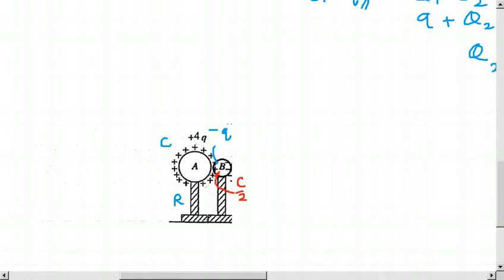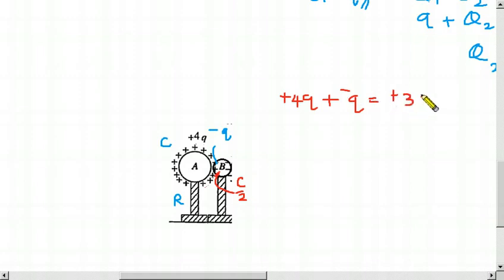What happened initially, at the beginning, is that this minus q is cancelled with 1 plus q from this 4q. Plus 4q added to minus q, what is the resultant, the final sum?